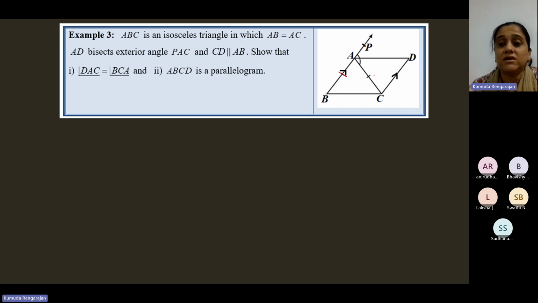Next class, we'll do from the chapter circles. I'll do the numerical ones first. Circles has been done in your school, right? Completed? No? Yeah, so we'll do the new.